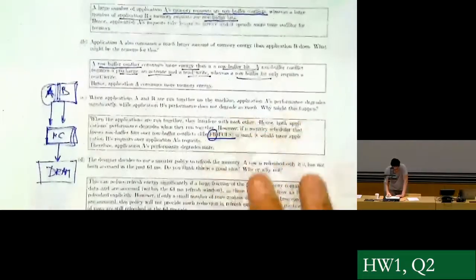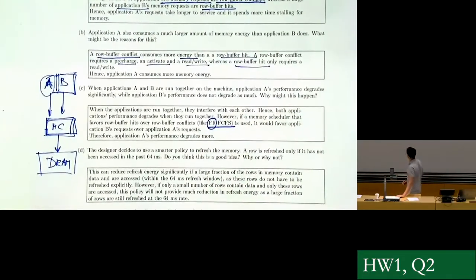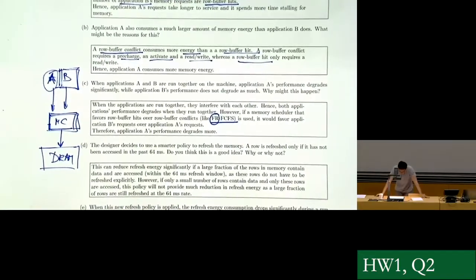So that's the reasoning behind this smarter policy. And then this says, a row is refreshed only if it has not been accessed in the past 64 milliseconds. Do you think this is a good idea? Why or why not? Well, I think I just explained this. The answer says this can reduce refresh energy significantly if a large fraction of the rows in memory contain data and are accessed within the 64 millisecond refresh window, as these rows do not have to be refreshed explicitly.